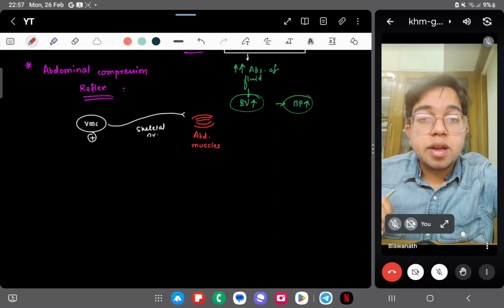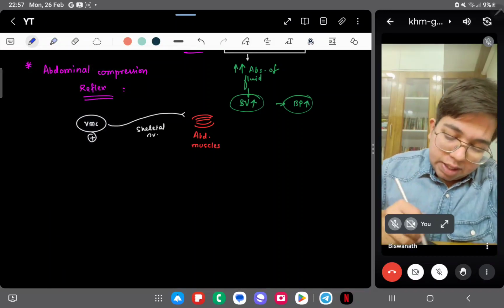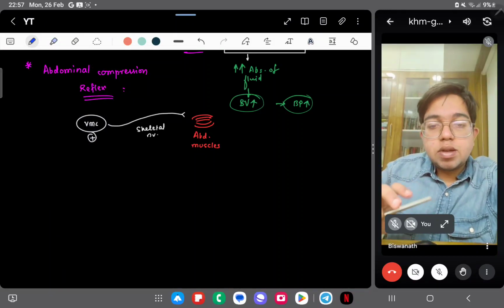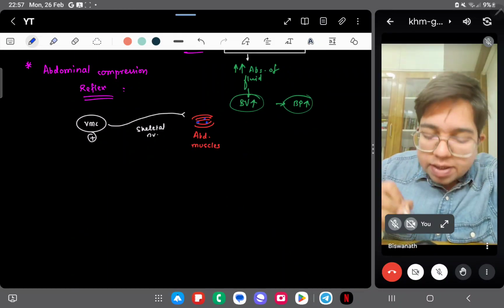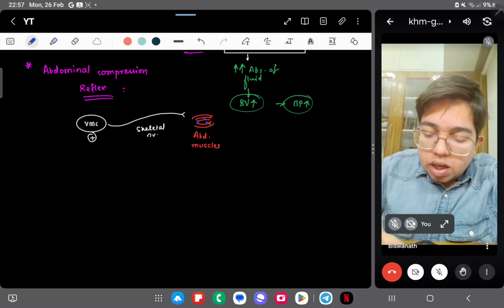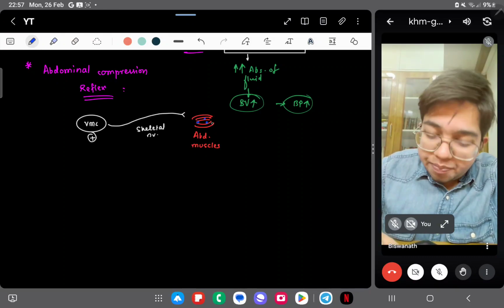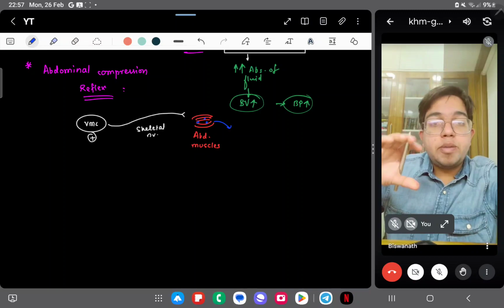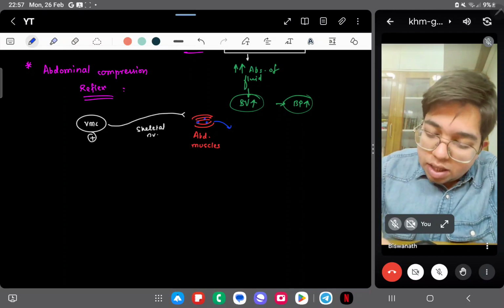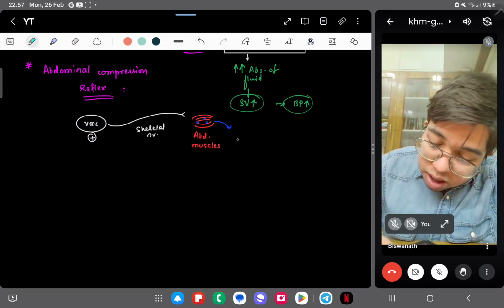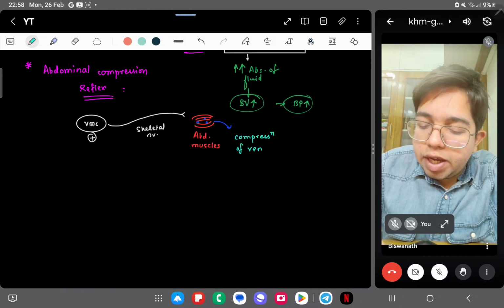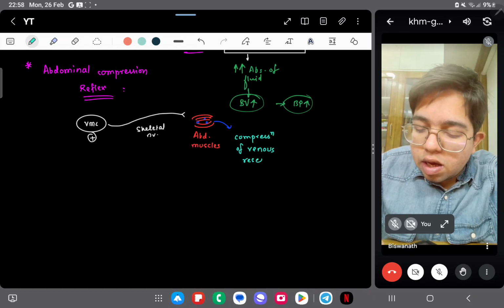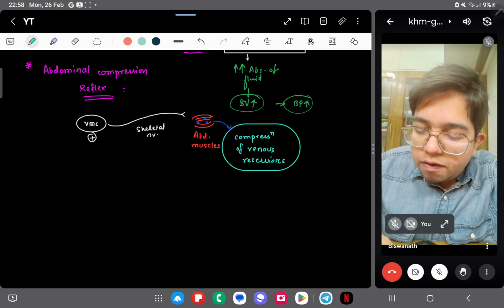You know about the abdominal muscles. If the abdominal muscles get stimulated, we have some venous reservoirs as well. We have some veins and venous reservoirs where blood is stored. If the abdominal muscles are contracted, there will be compression of venous reservoirs.